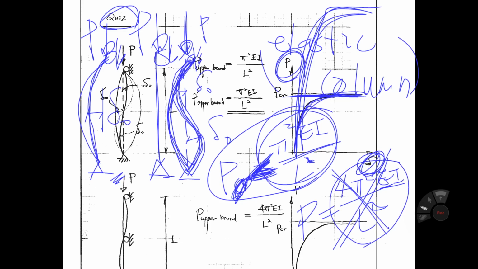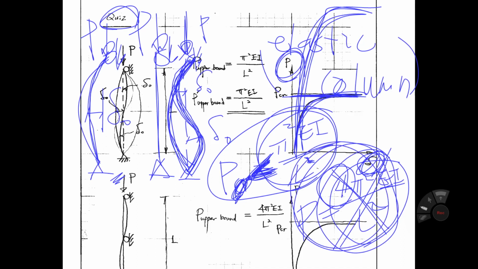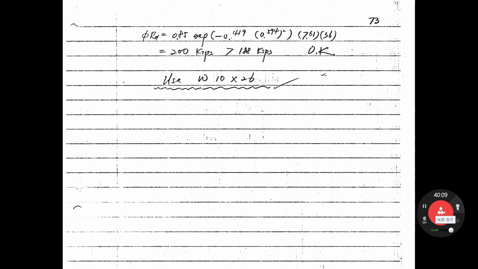If we make the geometry imperfection like this, then we would get about 4 times the Pcr, and everybody would try to make the geometry imperfection like that. But the fact is, it buckles. The mode shape changes like that. So the maximum P equals pi square EI over L square, this value. So it is the key. See you next time.